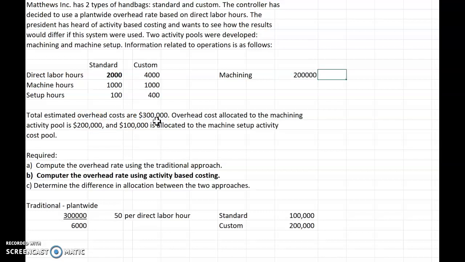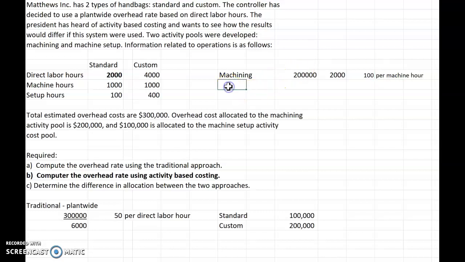And we're going to divide that by the allocation base, and it would make more sense to use machine hours. Well, our total machine hours is going to be 1,000 that standard uses and 1,000 that custom uses. So we're going to have 2,000 machine hours. So it would make sense to take the $200,000 and divide that by the 2,000, and so it would be $100 per machine hour.